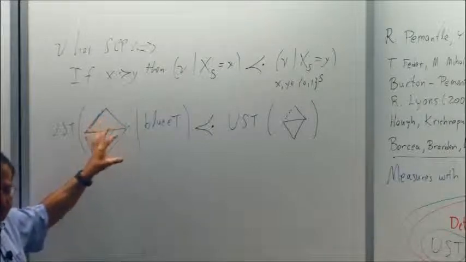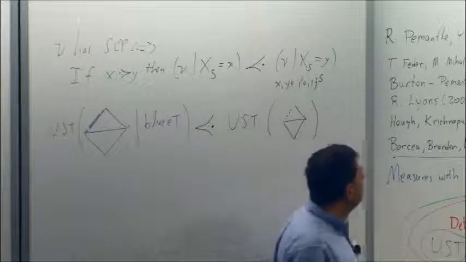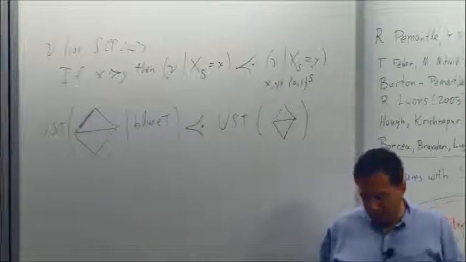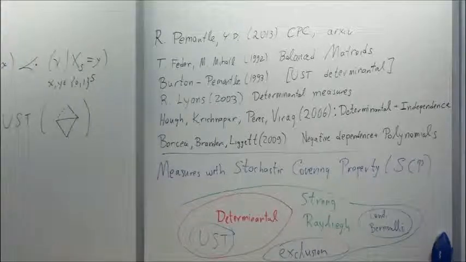So that's a property of the uniform spanning tree. In fact, Feder and Mihail proved that uniform spanning trees and other balanced matroids have the negative association property.